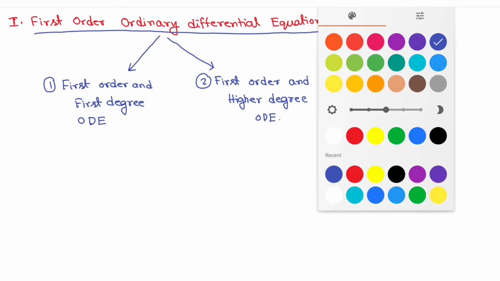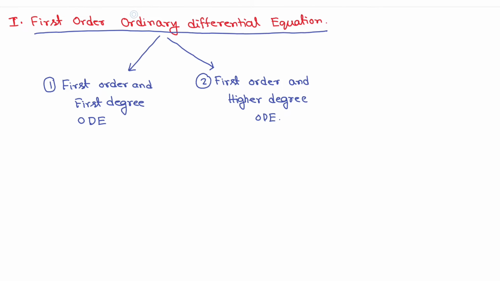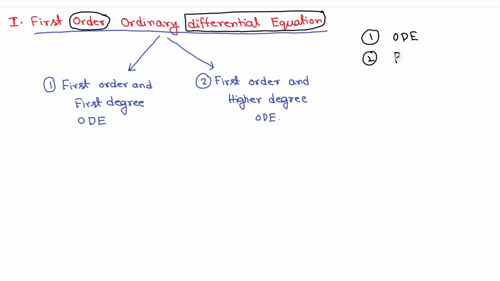Which are the unknown mathematical words? First one, here you can see one term is order. So you have to know what is the order of a differential equation. Second one is differential equation. And differential equation is of two types: ordinary differential equation and partial differential equation, ODE and PDE.